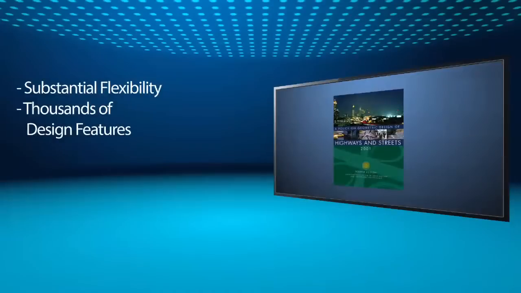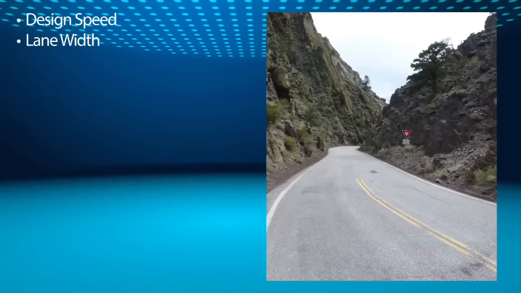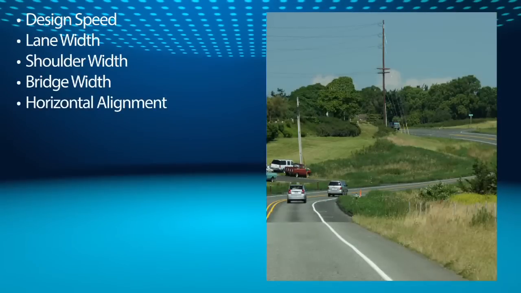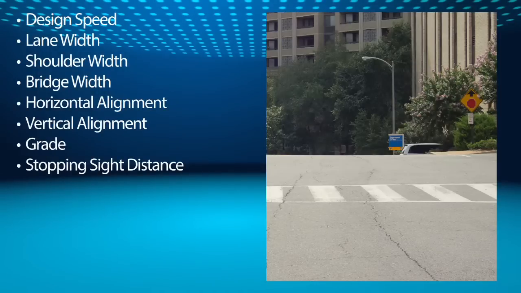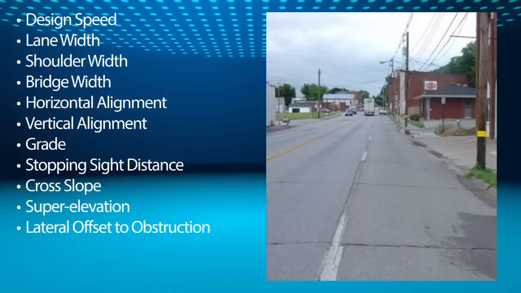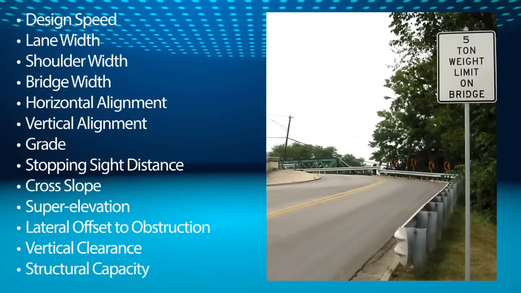Among the thousands of design features listed in the AASHTO Green Book, FHWA recognizes the following 13 criteria having considerable importance to the operational and safety performance of any highway: design speed, lane width, shoulder width, bridge width, horizontal alignment, vertical alignment, grades, stopping sight distance, cross slope, superelevation, lateral offset to obstruction, vertical clearance, structural capacity.